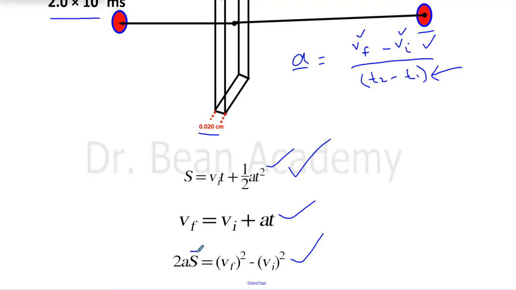So S is the displacement, a is acceleration which we want to find, and we already know the final velocity and initial velocity, and this S is the displacement the proton traveled in passing through the sheet, and this displacement is 0.02 centimeter. So let's calculate the acceleration, or retardation if you want to call it that way.